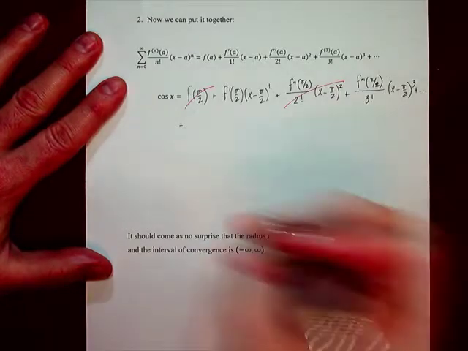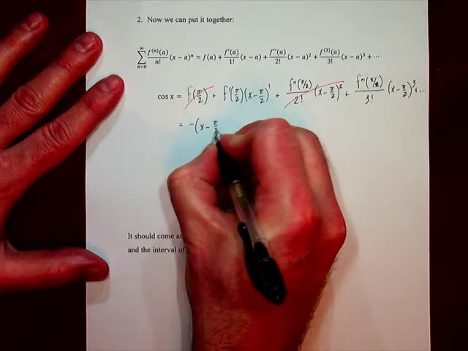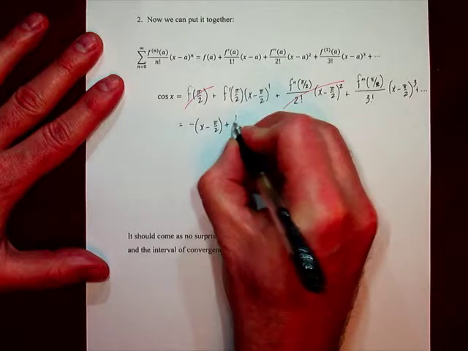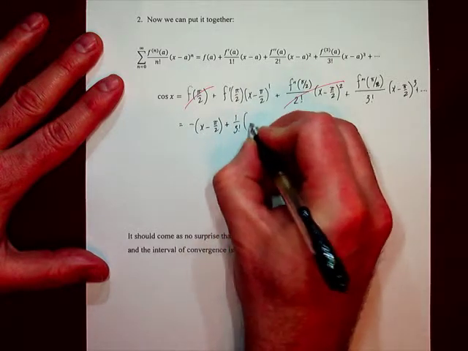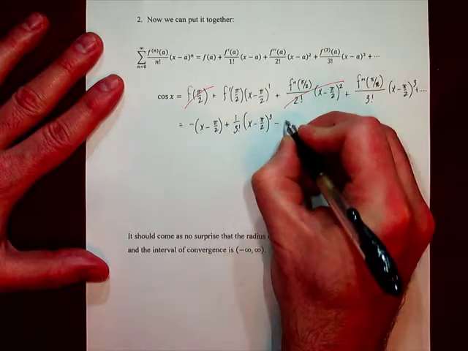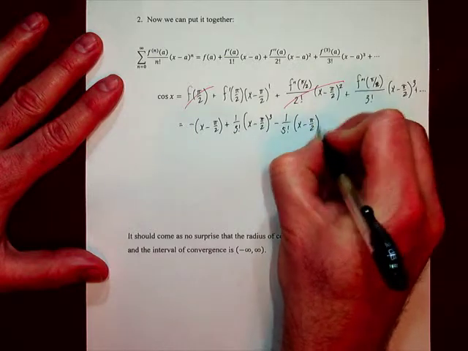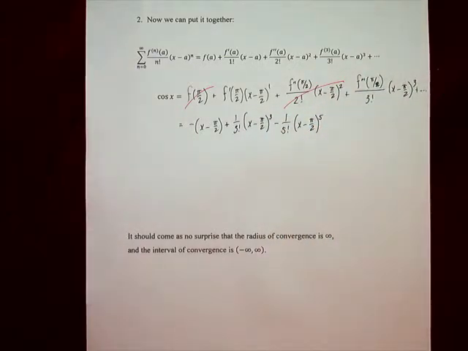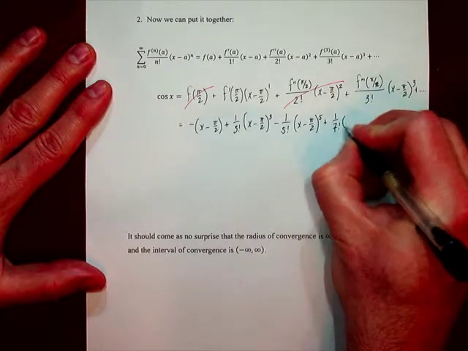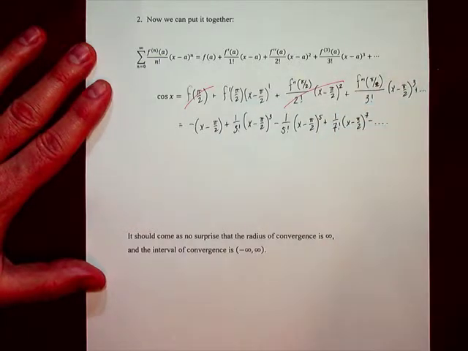So what I have here is negative x minus pi over 2 to the first plus 1 over 3 factorial x minus pi over 2 to the third minus 1 over 5 factorial x minus pi over 2 to the fifth, and you could keep going, plus 1 over 7 factorial x minus pi over 2 to the seventh, but we basically get it, right?